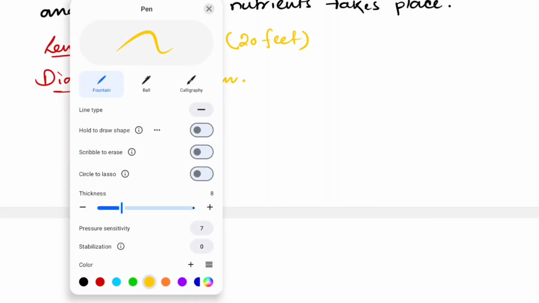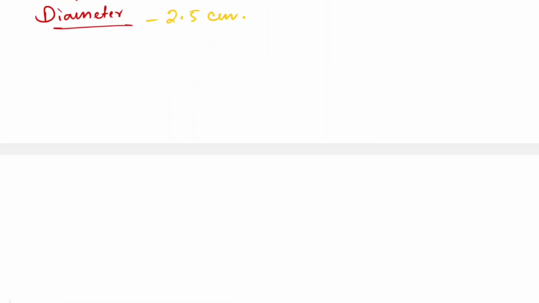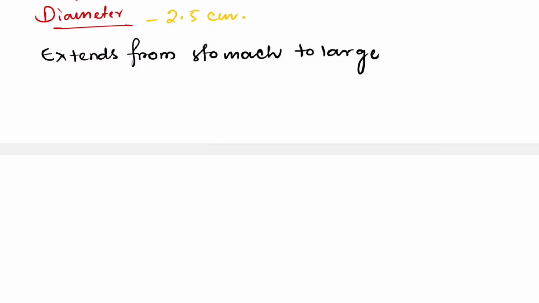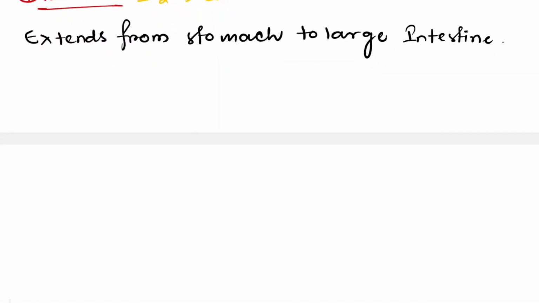Next, where does it extend from? It extends from the stomach to the large intestine. So where it extends means from here to here it is extended. This is what we have to remember: it extends from the stomach to the large intestine.